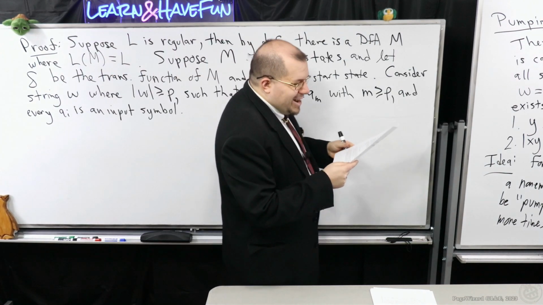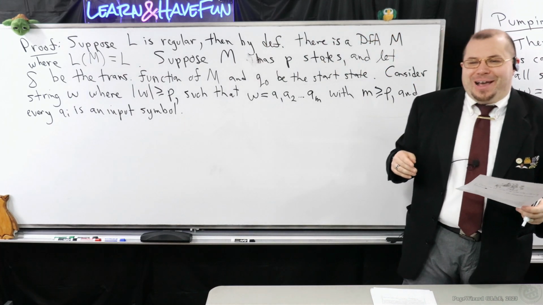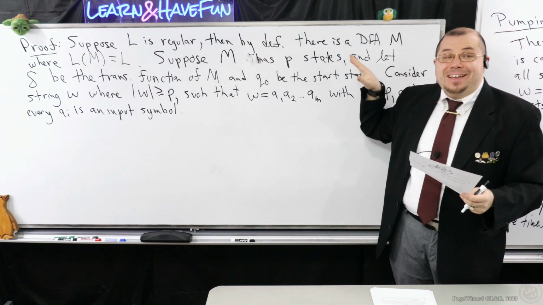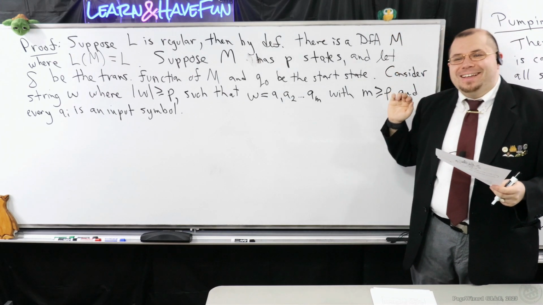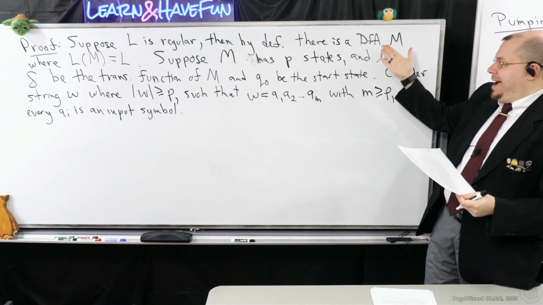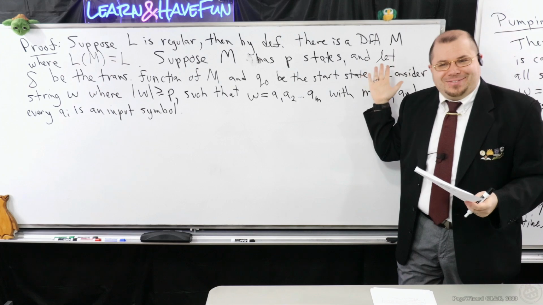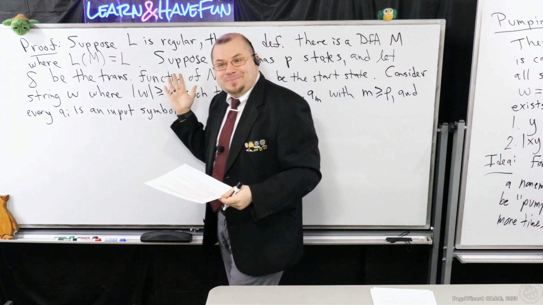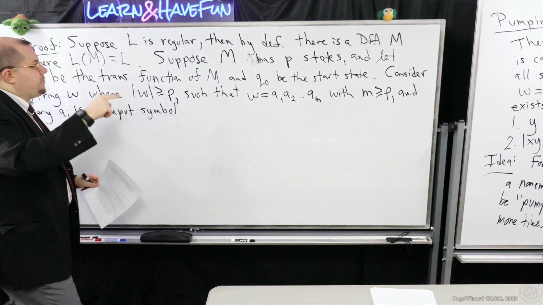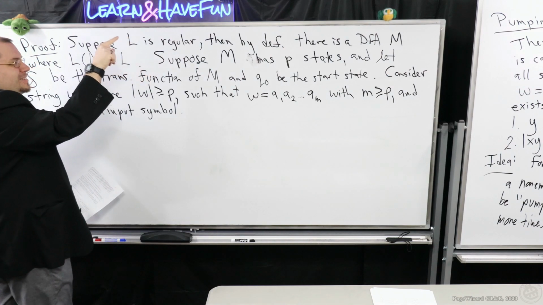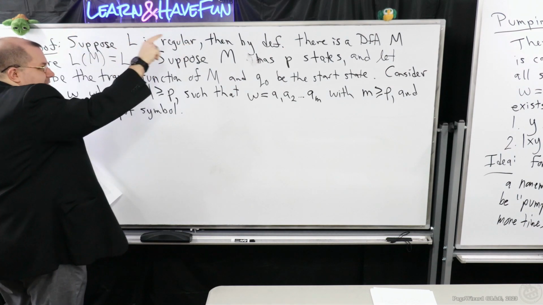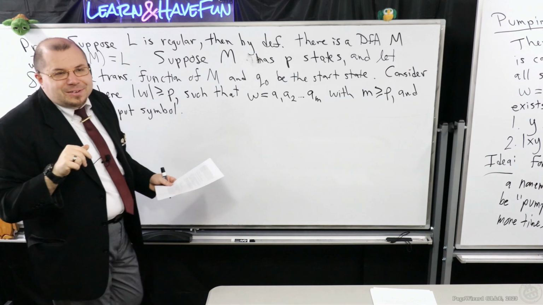Now, you might ask, Dan, what are we going to do now? Because I don't know what the DFA actually looks like, right? I just know it exists, because that's what I got for free when it was regular. I brought into existence a DFA, but I don't know what it looks like.